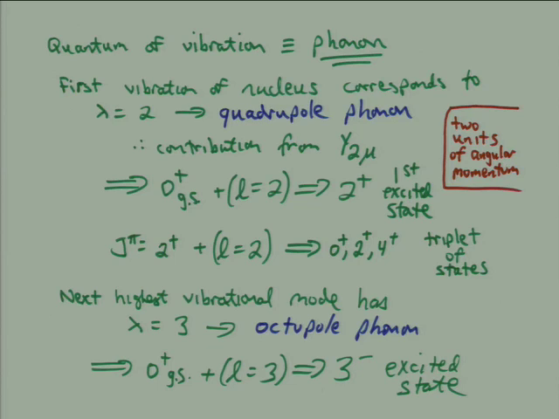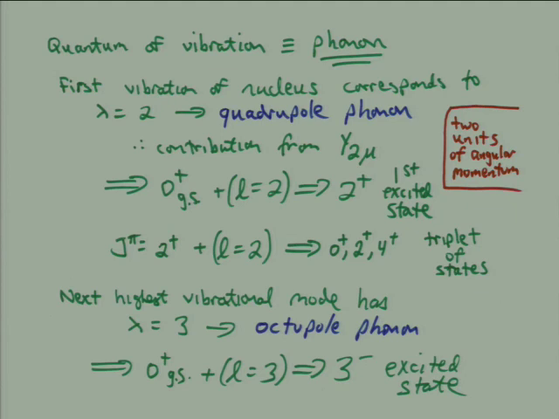And the same thing is true here. So we imagine in these even nuclei that have excited states described by vibrational excitations that we're adding quanta of phonons to the ground state. So the first vibration of a nucleus corresponds to one of these lambda equals 2, that is spin equal 2, quadrupole phonons.